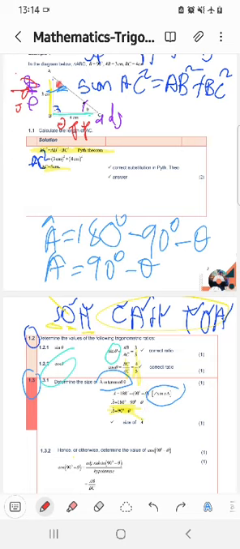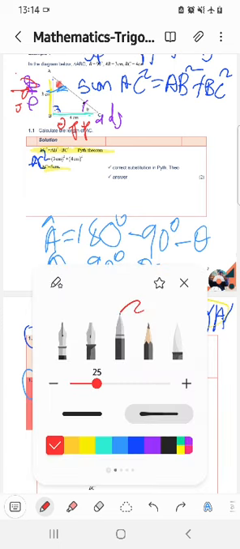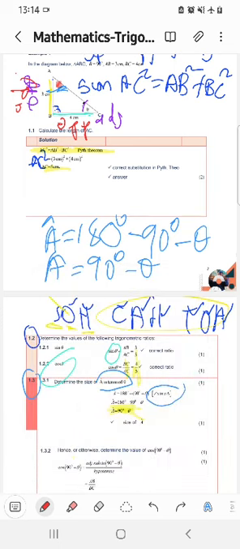So now let's write the function. Cos is the adjacent over hypotenuse. What is the adjacent? It's AB, so it's written AB here. What is the hypotenuse? It is still AC. There is a mistake there.